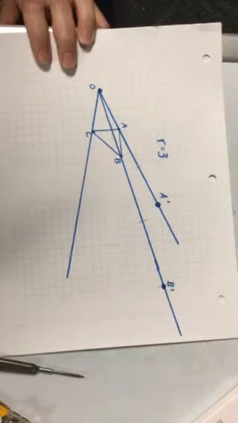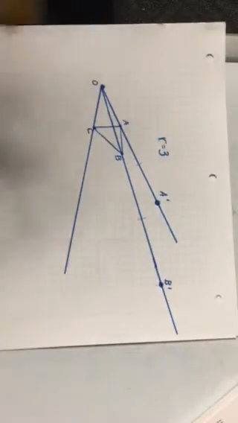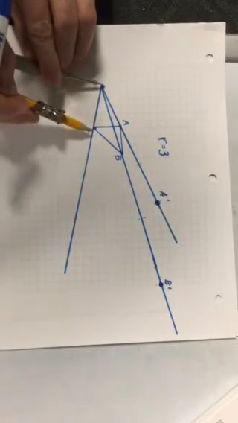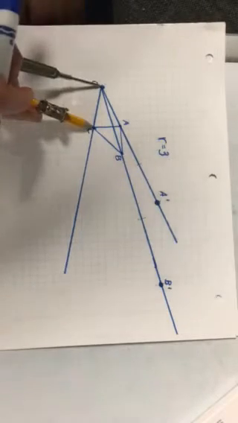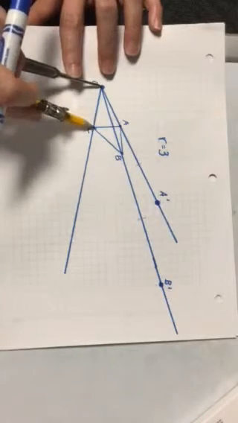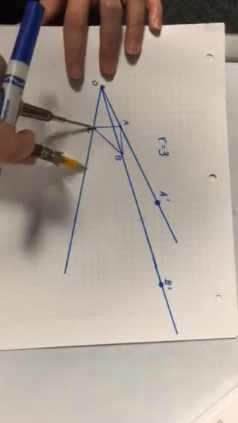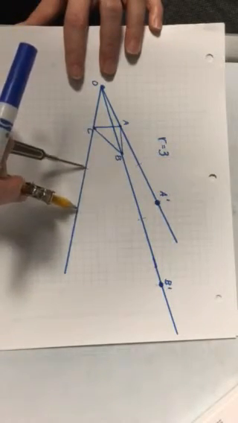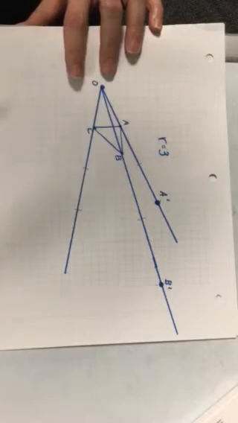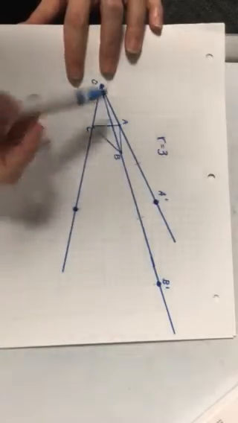Okay. And when you finish with OB, go ahead and do OC. So you're gonna have to reset your compass. Are you done with all 3? There's 2. And make sure you set up carefully so you get as accurate of a dilation as possible. So the third one is gonna be B prime. On this line? Yeah.